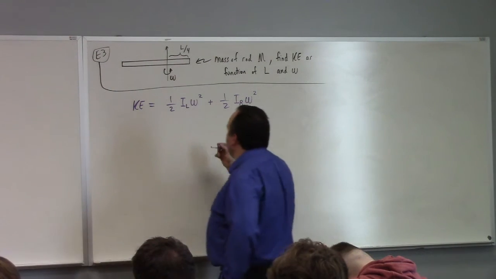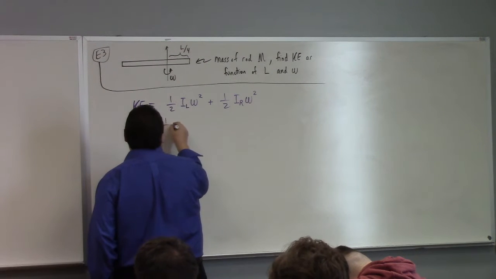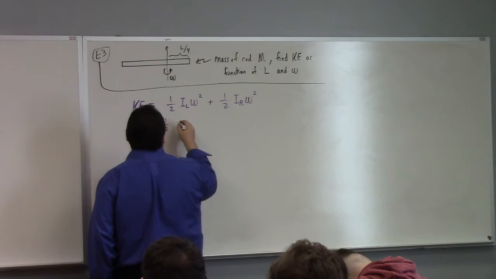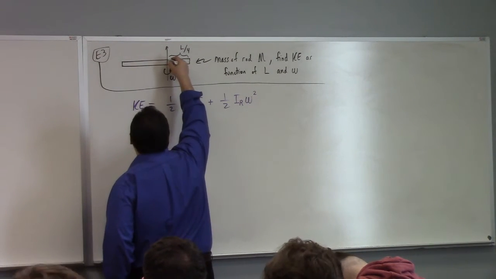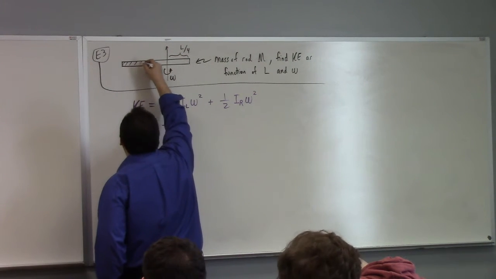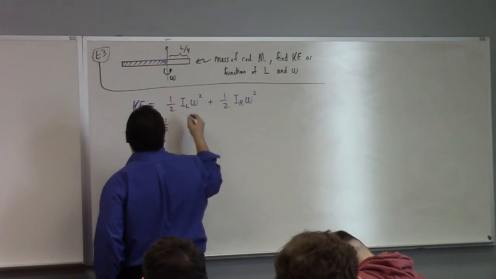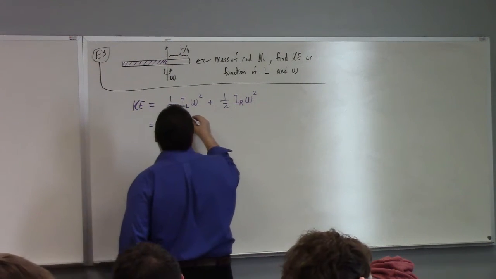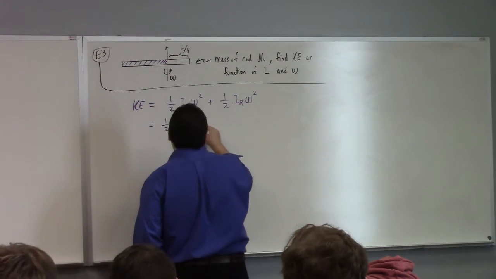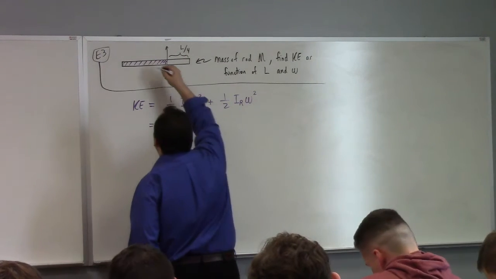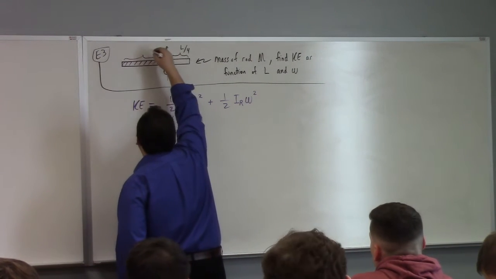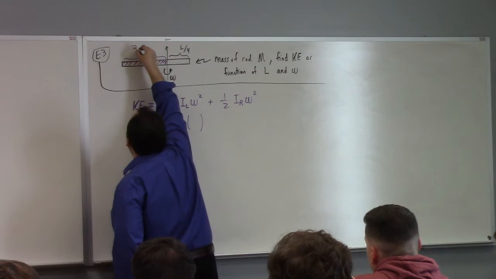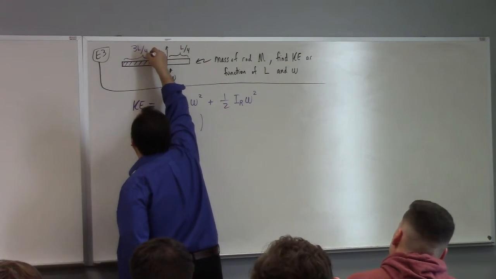So on the left, we have 1/2, and if it's rotating around the end of the rod, what was the formula? It was 1/3 the mass times the length of the rod squared, which in this case is what? For the left part, I keep saying half, but it's bothering me, it's the left 3/4.